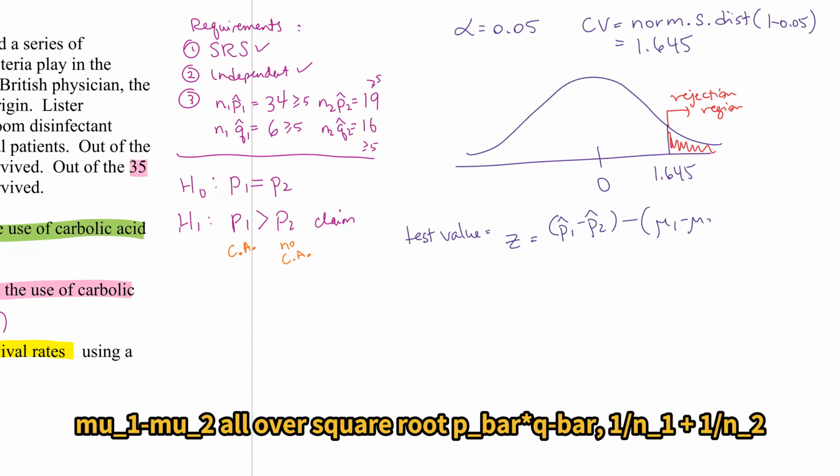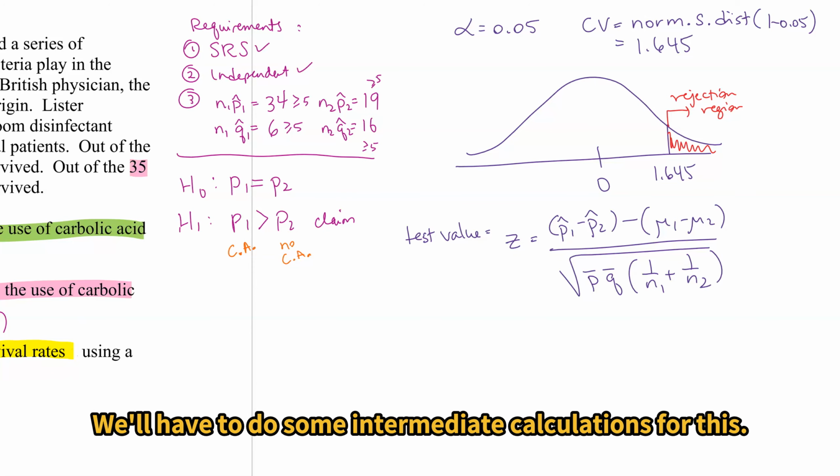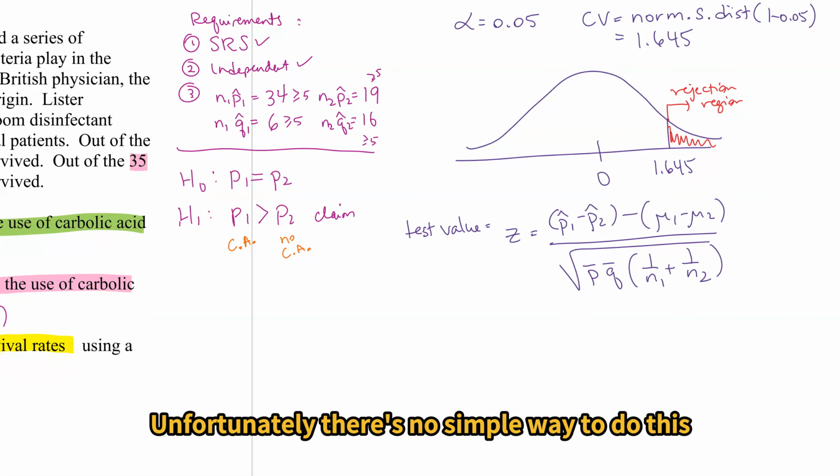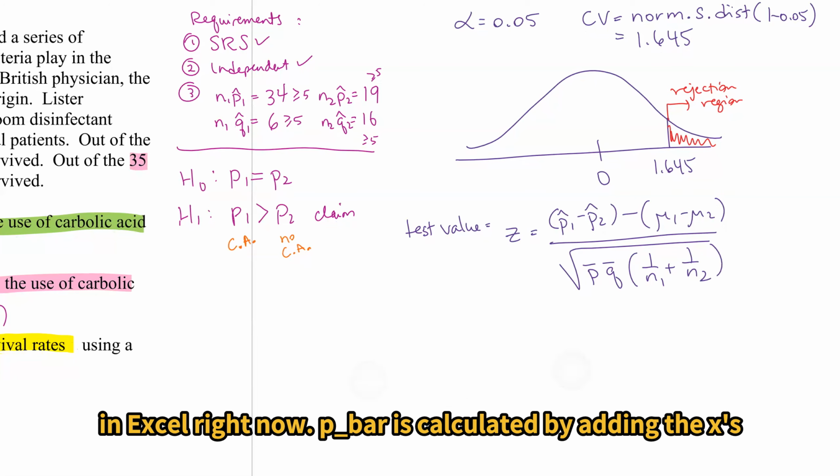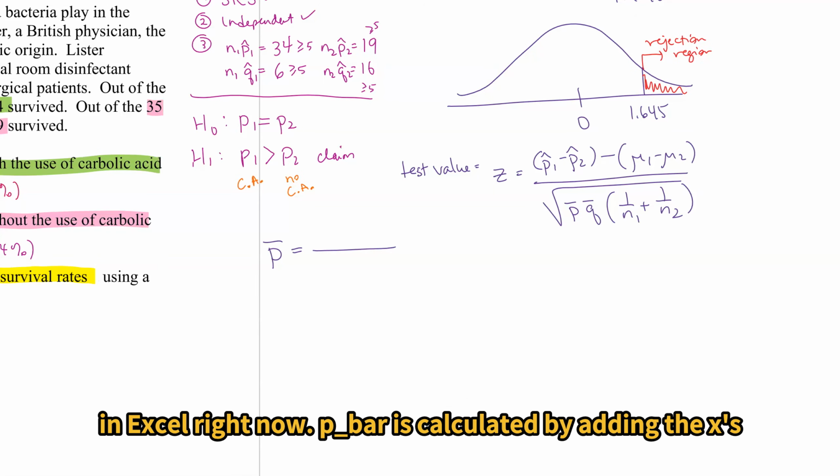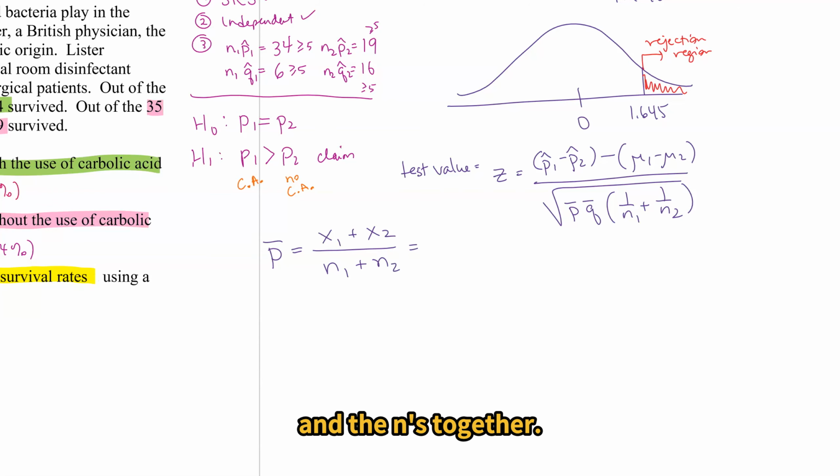Before I do that, marking off my rejection region, our test value coming from Z, P1 hat minus P2 hat minus mu1 minus mu2 all over square root P bar Q bar times 1 over N1 plus 1 over N2. And we'll have to do some intermediate calculations for this. Unfortunately, there's no simple way to do this in Excel right now. P bar is calculated by adding the X's and the N's together.